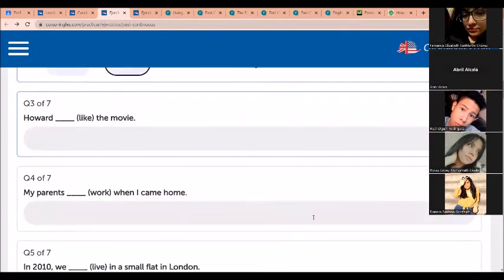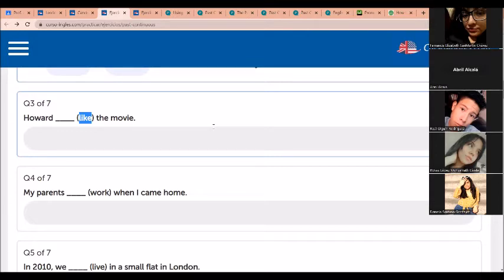Abril, number 3. Howard was liking the movie. One more time, what did we say about these verbs? Recuerda los verbos de estado, de preferencia, de posesión, de expresión.